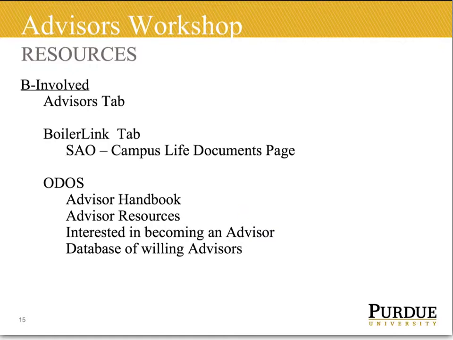This is just a really good resource for all advisors and presidents and officers alike, that has a plethora of information, 49 documents there, from anything about insurance to a template of a constitution to things for your web access for your organization, to if you would like to send a letter for nonprofit organization for donations, if you're doing a car smash, just anything that you would like to find out, or a date auction. There are many resources under that SAO Campus Life Documents page.